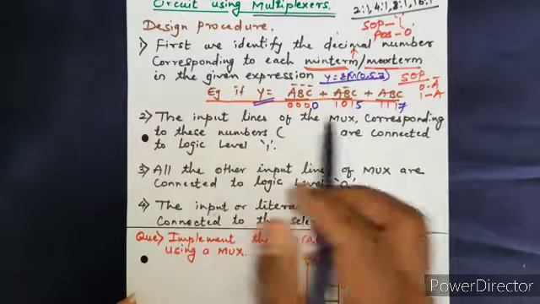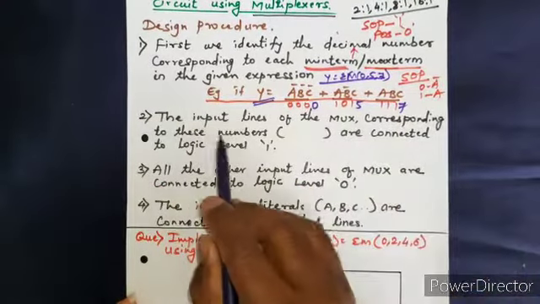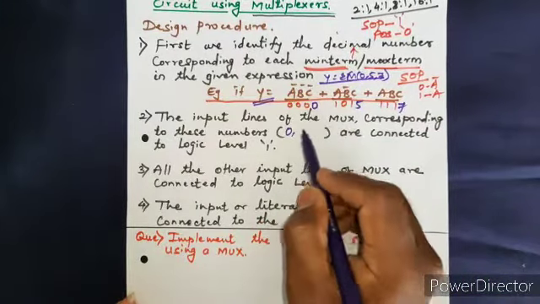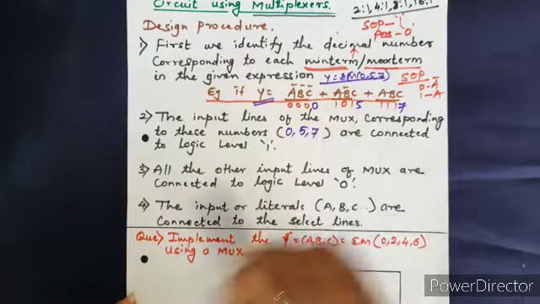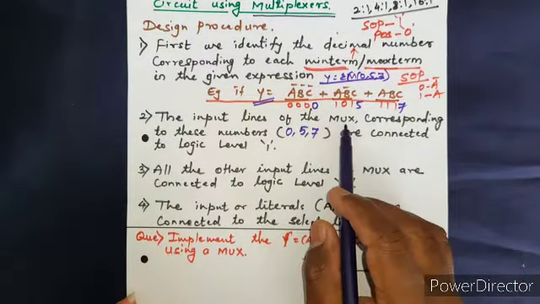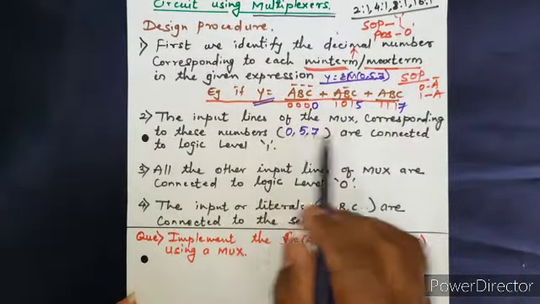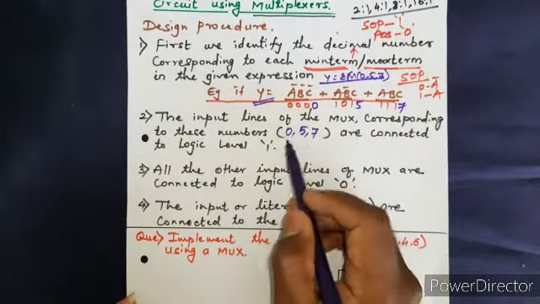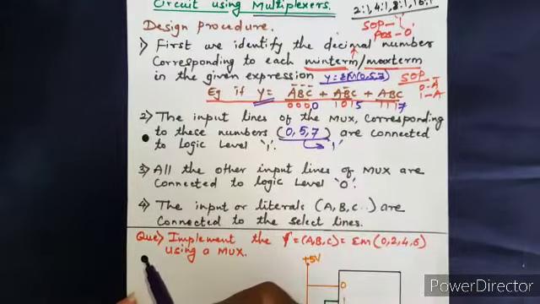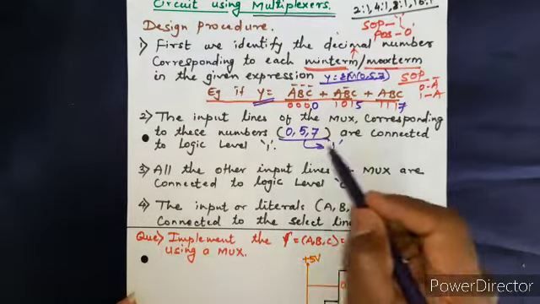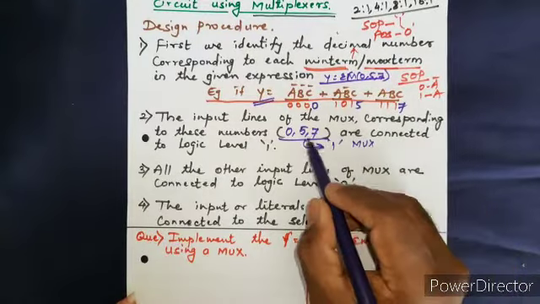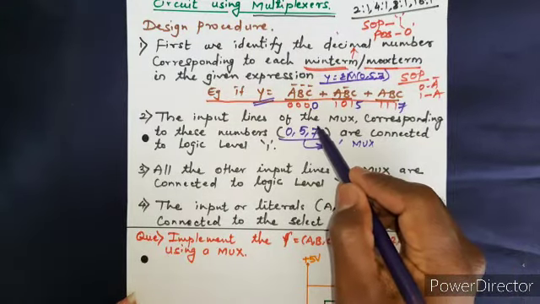The input lines of the mux corresponding to the numbers we just derived, here 0, 5 and 7, are connected to logic 1, since it is SOP and they correspond to 1. In the multiplexer, the biggest number here is 7.